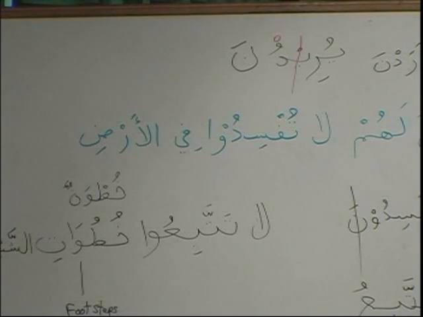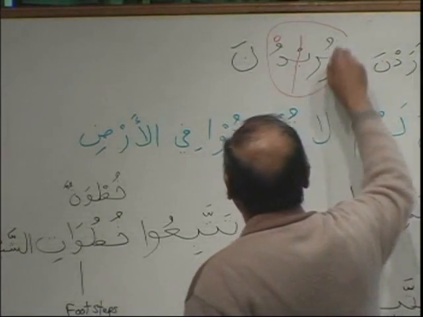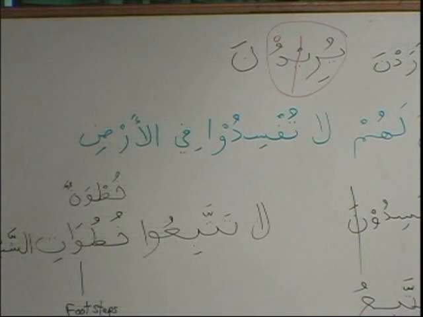How will I describe yuridna? Fi'lun, mudari'un, mabniyun. What will you say? Fi'lun, mudari'un, mabniyun ala sukun. And then you will describe, if it is marfu', you will say fi mahalli raf'in. If it is majzoom, you will say fi mahalli jazmin.